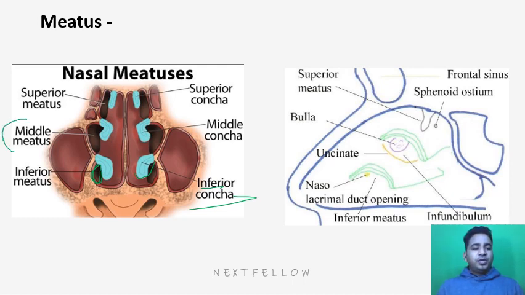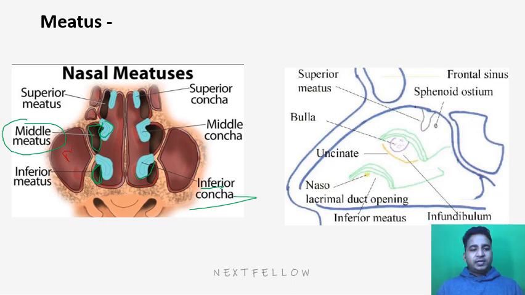Then comes the middle meatus. This black complete thing is the middle meatus, which is bounded by the middle turbinate. So this sky blue part is the middle turbinate. This middle meatus is basically an opening for all the anterior group of sinuses. What are the anterior group of sinuses? Like the maxillary sinus.